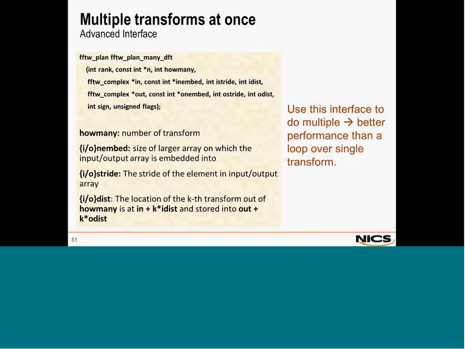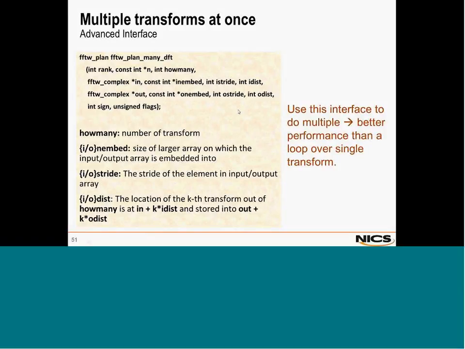If you want to do multiple transforms at once, then what you want to do is plan many DFTs. So this is more efficient than calling the one-dimensional plan multiple times, because FFTW has more room to optimize the transform.